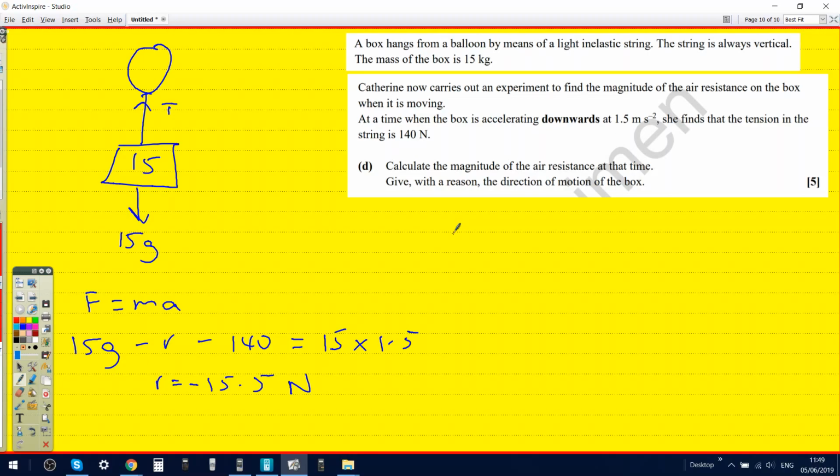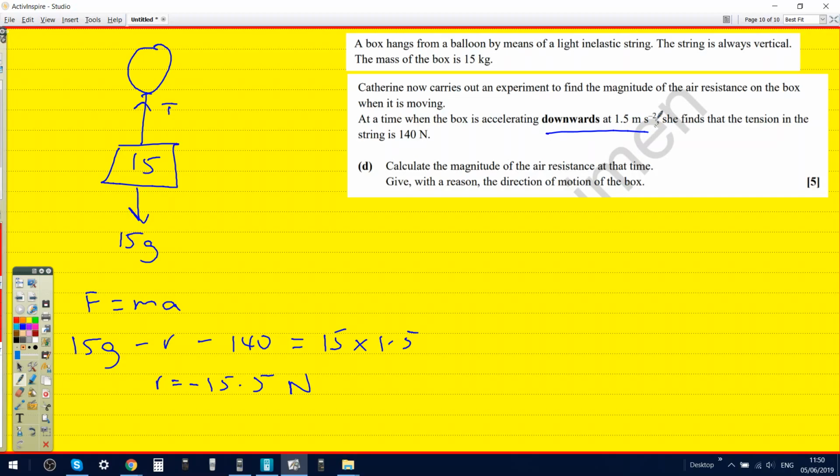And we thought that the air resistance was going to be acting upwards, but in fact it's acting downwards, so the box is going upwards. But if we say it's accelerating down, is it not going down? If the air resistance is the opposite, then the box must be going up, right?